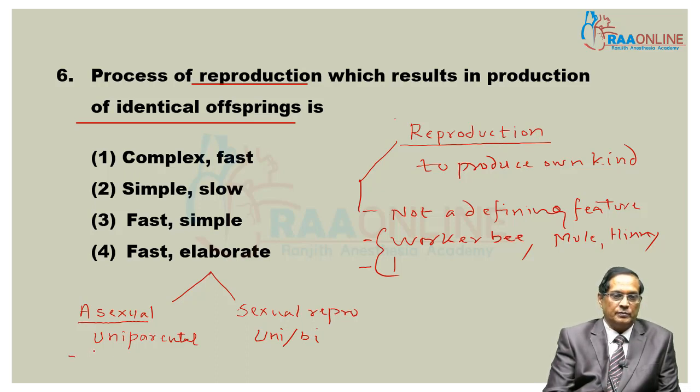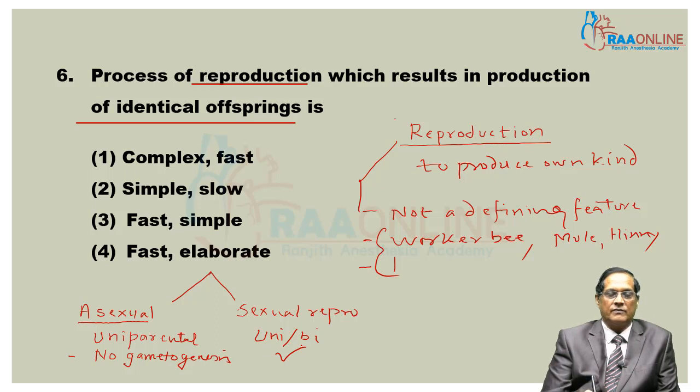In asexual reproduction, no gametogenesis. Gamete formation does not take place. Here gametes are formed. Here fertilization, no. No fertilization. Here fertilization takes place.